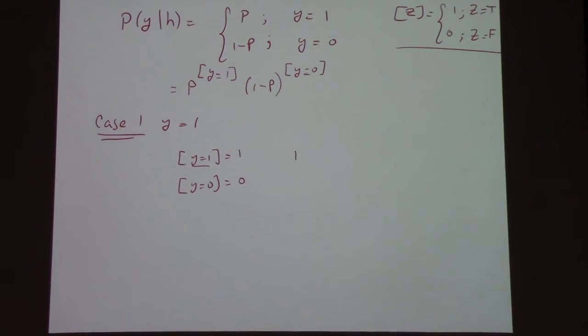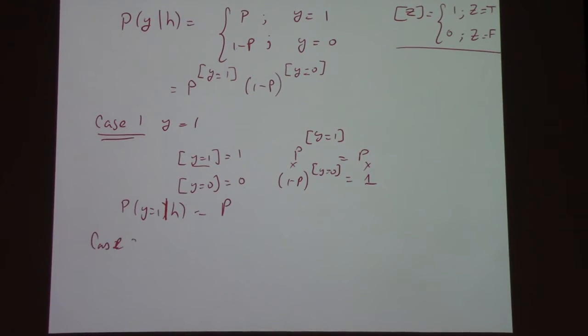So P power the indicator that Y equals 1 is simply P, and 1 minus P power the indicator that Y equals 0 is 1. So P of Y equals 1, given the hypothesis, is simply the product of these two terms, which is P.